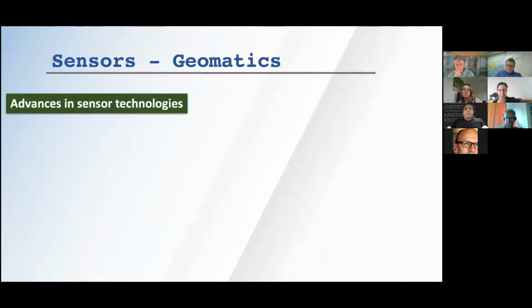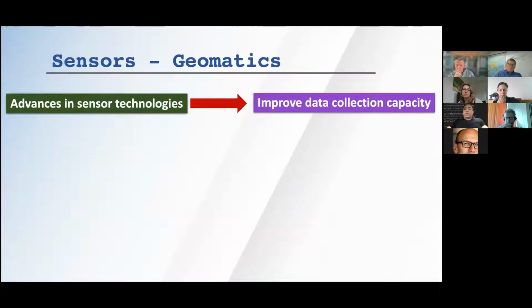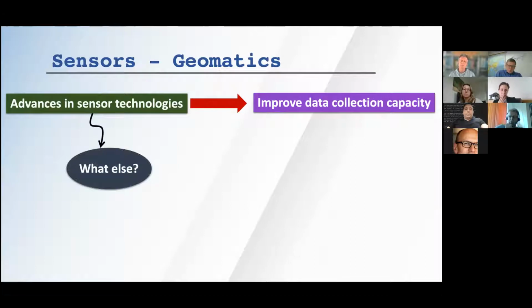So advances in sensor technology actually improve our capacity for data collection. That's obvious. New sensors and new capacities provide the possibility to collect more data, more precise data, and more accurate data. But what else?